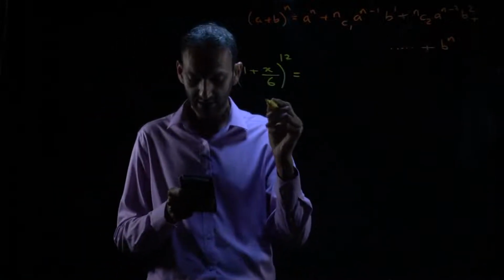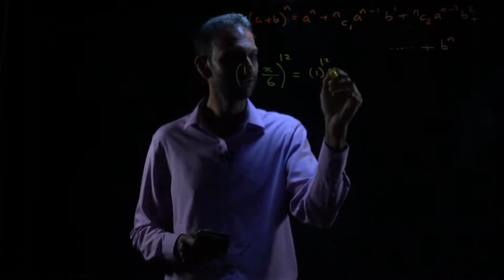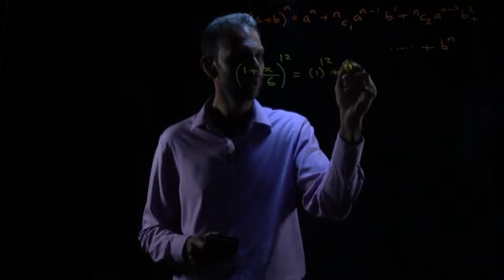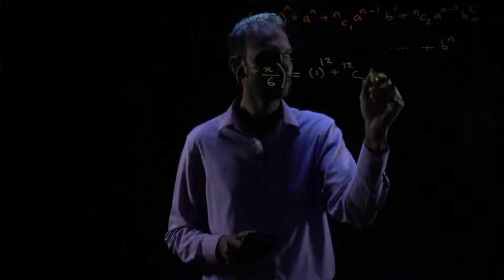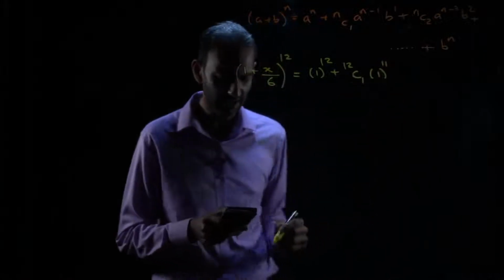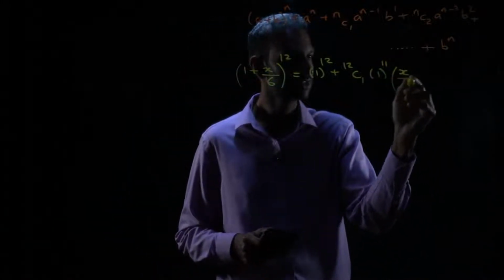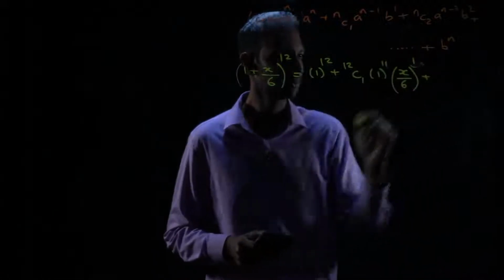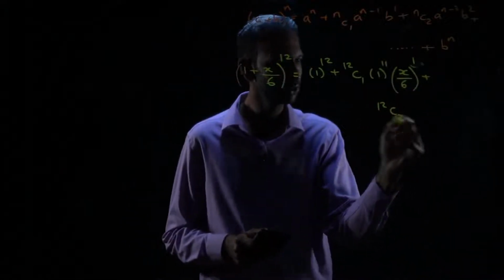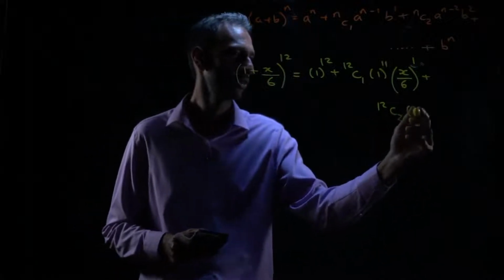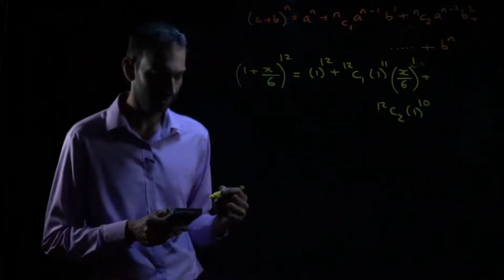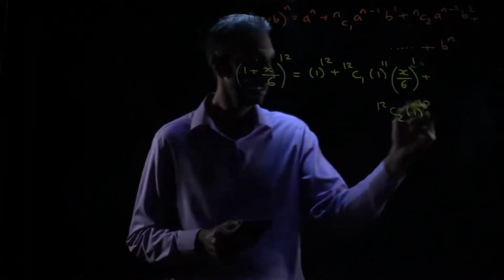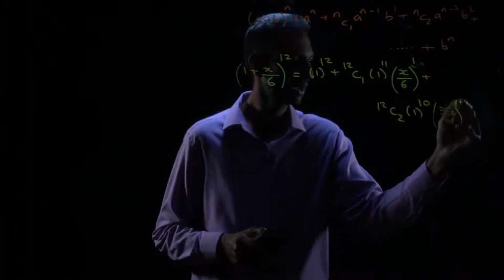So let us expand. It's 1^12 + 12C1 (1^11)(x/6)^1 + 12C2 (1^10)(x/6)².